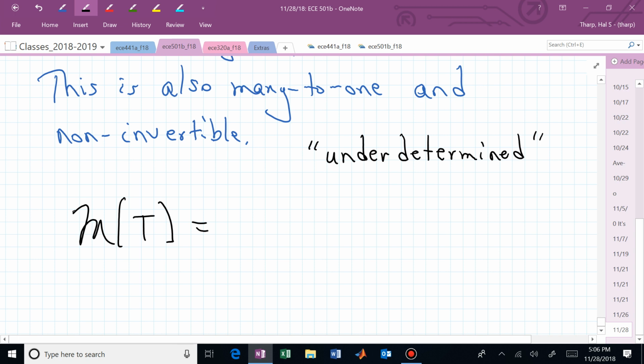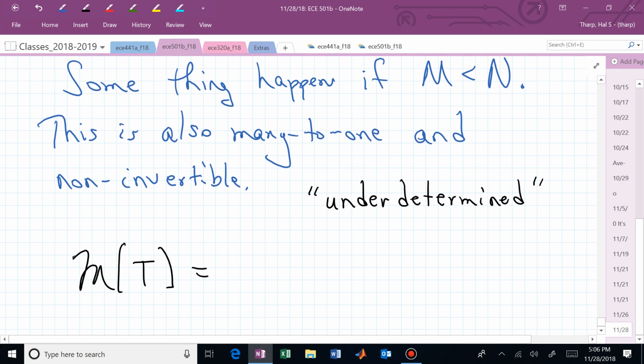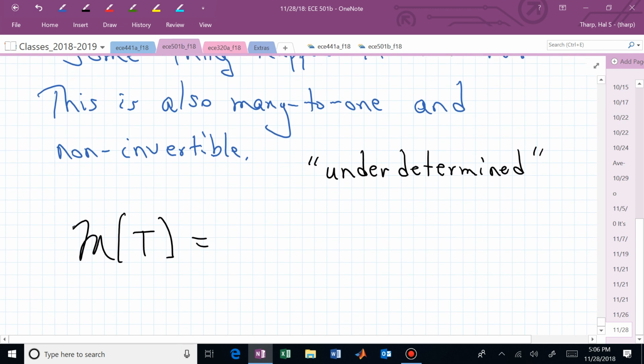The way I like to think about this is if I now looked at the matrix representation of T that's going from a bigger input space to a smaller output space, I can think of the matrix in this form. It's what? Short and wide.